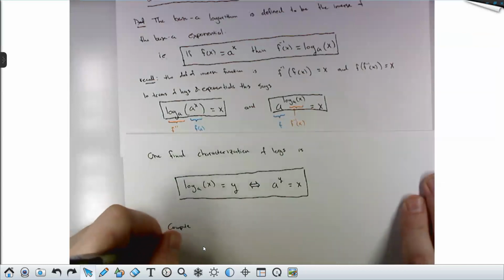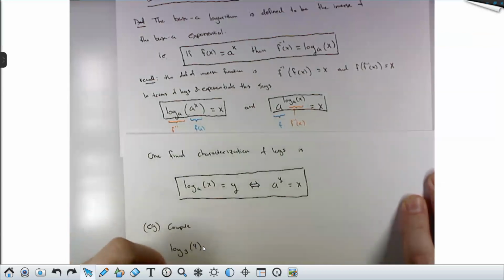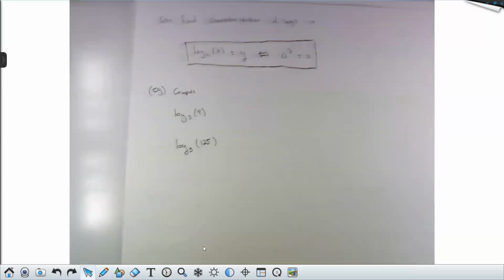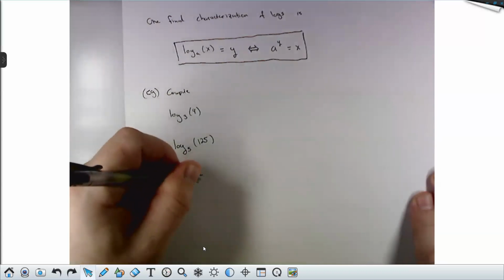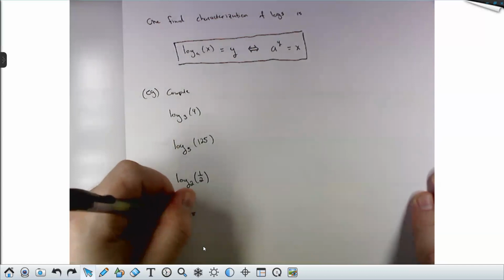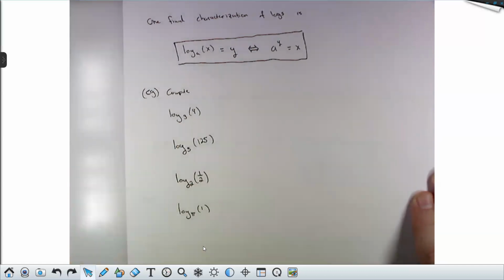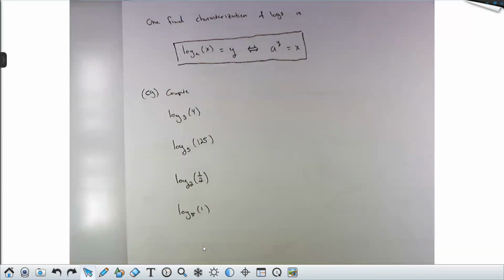How about the base 3 log of 9? The base 5 log of 125. The base 2 log of 1/2. Oh, sorry, the base pi log of 1. Let's do that. Yeah, let's just leave it at this for now.